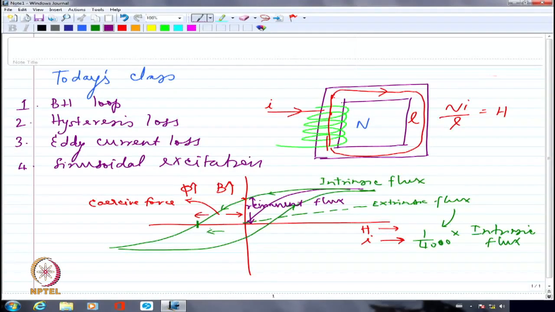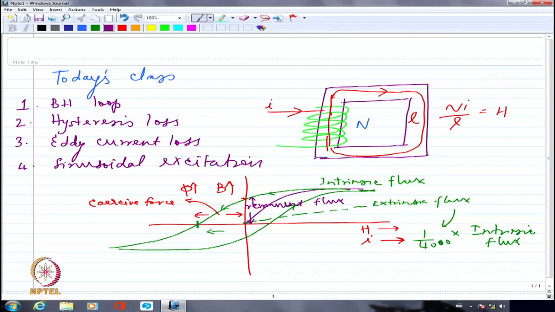And every time I align and realign these domains, the current and voltage are doing some work physically on these domains, which is manifested in the form of some amount of energy that is lost, because this energy is useless. It is just aligning and realigning these magnetic domains.